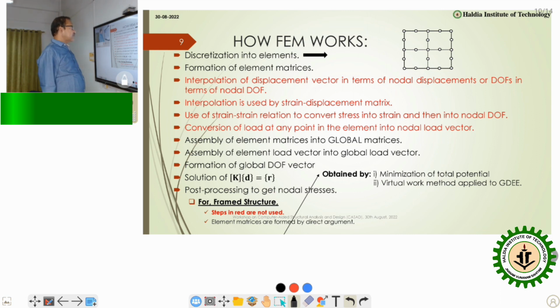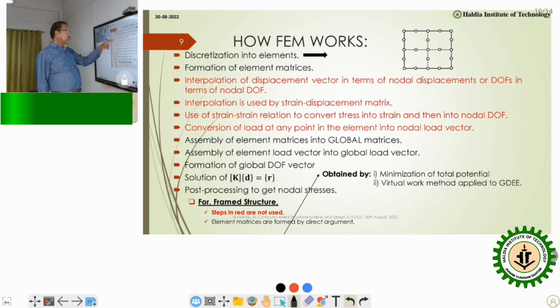Then the interpolation of the displacement vector. Suppose for a plate, we say it has 5 degrees of freedom per node, and everything will be found in terms of the nodal displacements. But what will happen at any point within that element? For this reason, interpolation functions are used.